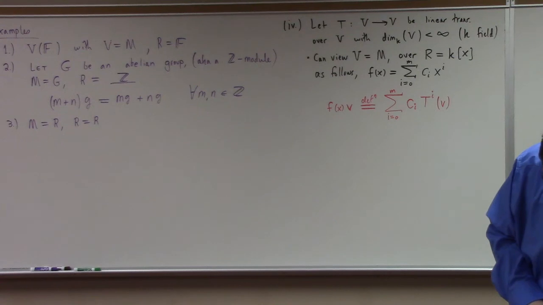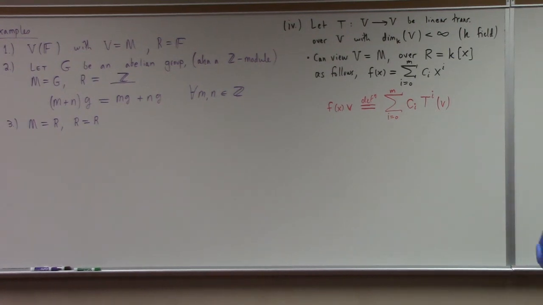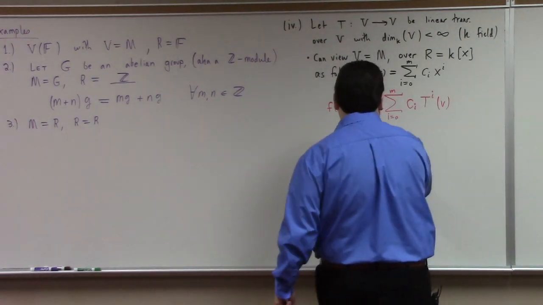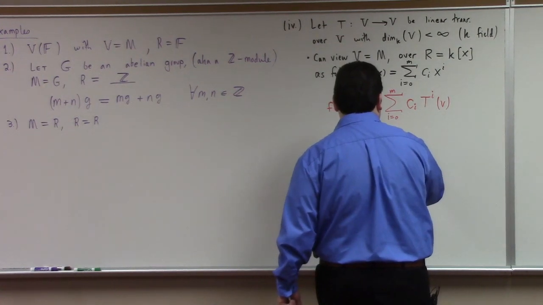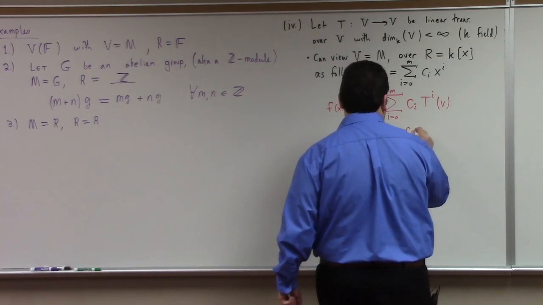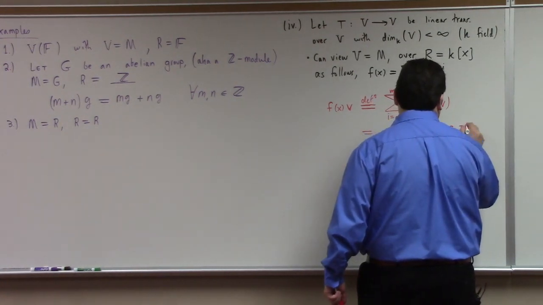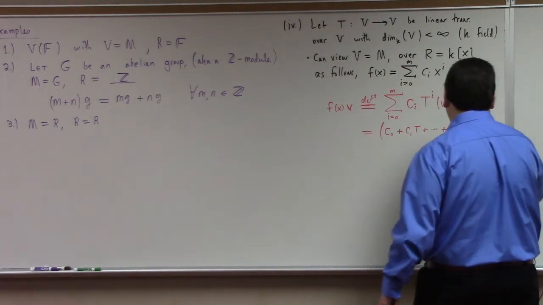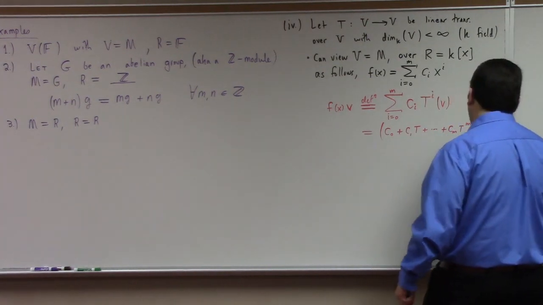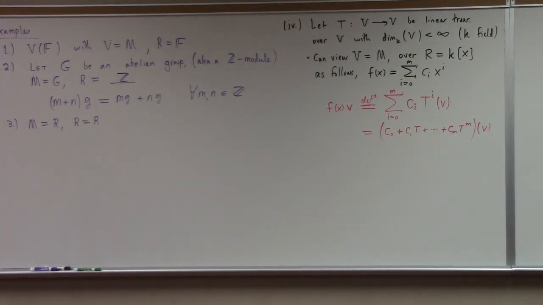With the understanding, of course, that this is c_0 plus c_1 T plus ... plus c_m T to the power m, that operator acting on V. So in other words, T to the 0 power is the identity operator. T to the 1 power is just T again. T squared is T composed with T. T to the m is T composed with itself m minus 1 fold times.